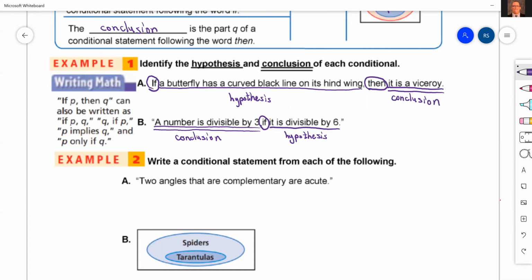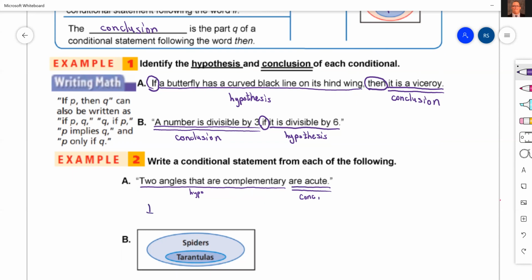We want to put this into if-then. So one way is let this be our hypothesis. This be our conclusion. But we need to put this in if-then form.